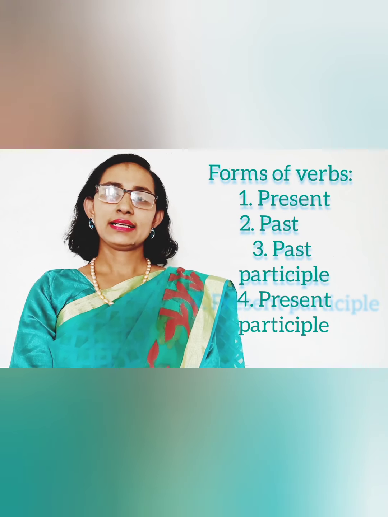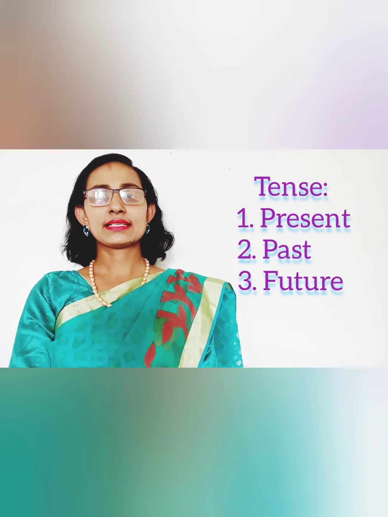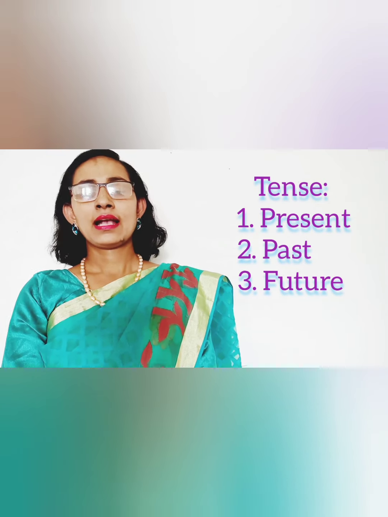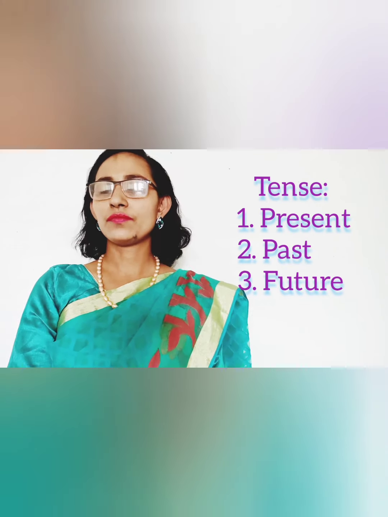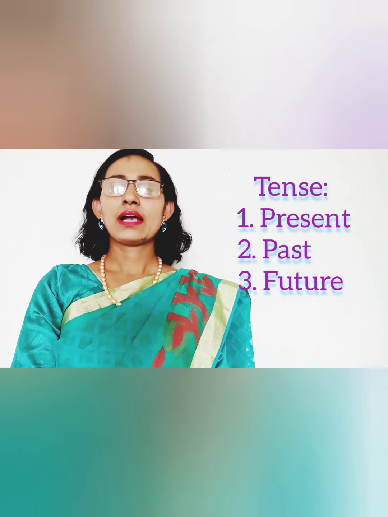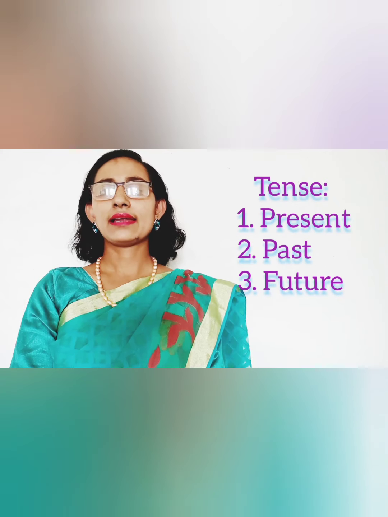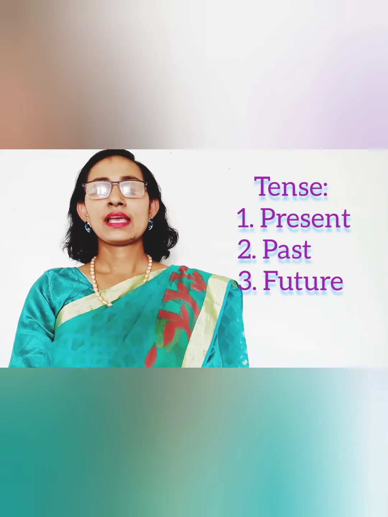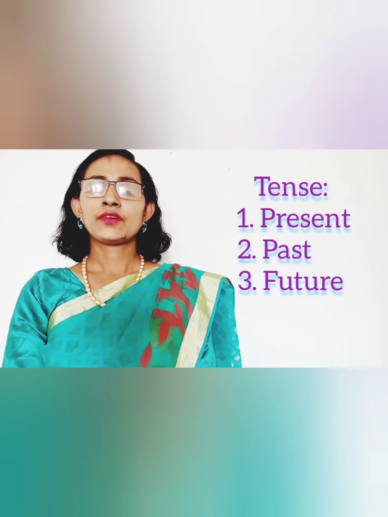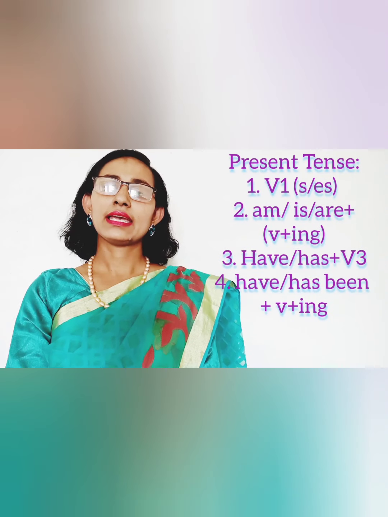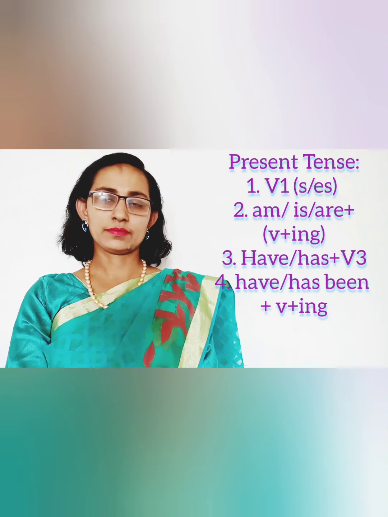And you know that according to tense there are 3 types of tense: present tense, past tense and future tense. For each tense we use different forms of verb. For present indefinite tense we use the main form of the verb, that means the V1 form.